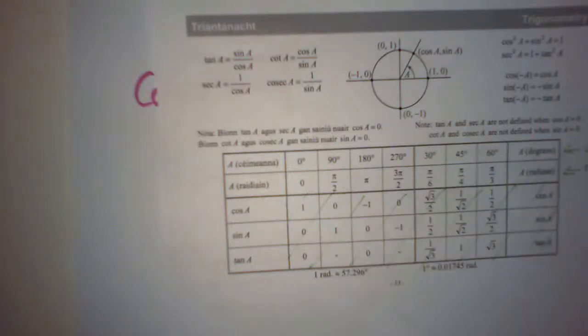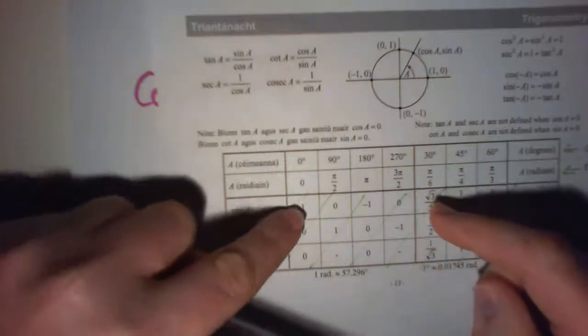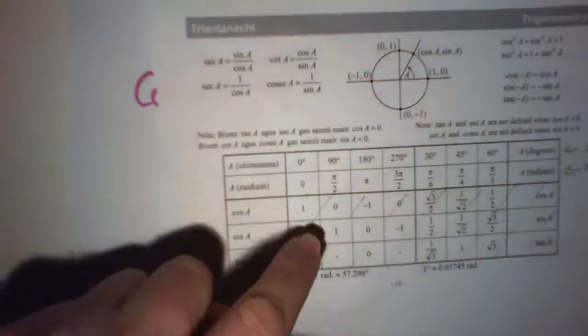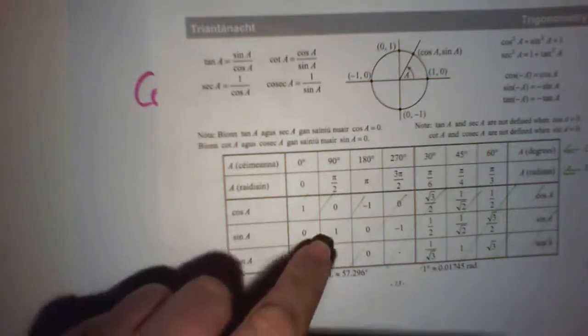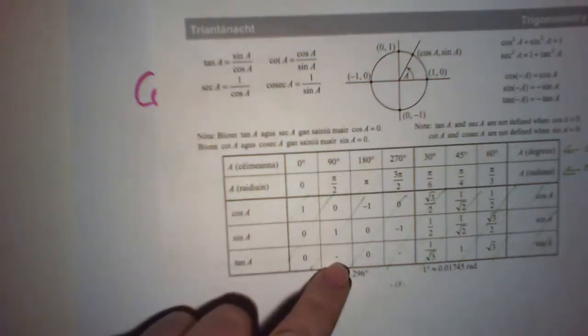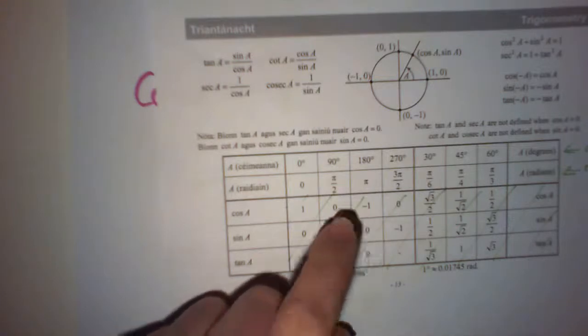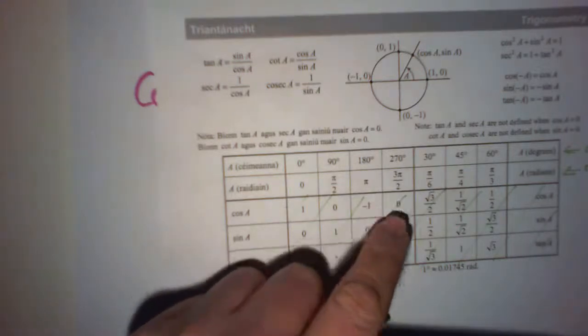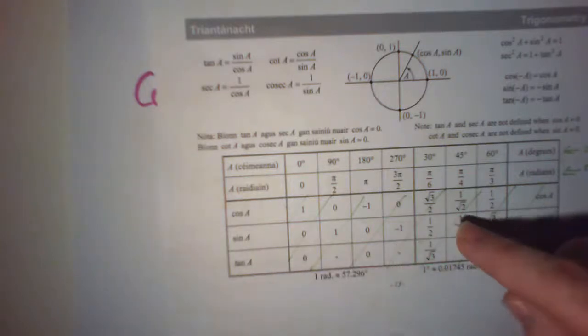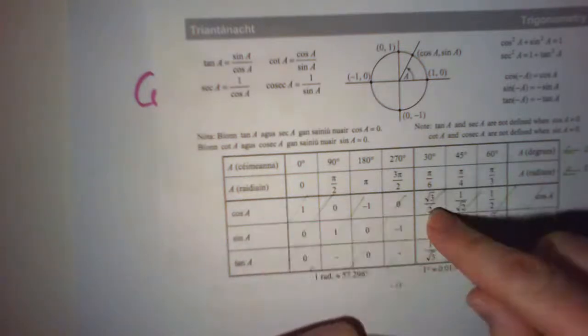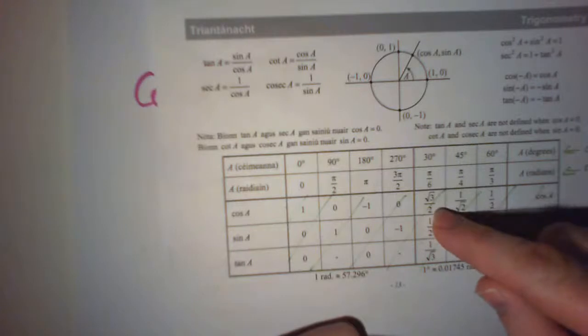But there's the sine, cos, and tan of each of those degrees or radians. Okay, so as you can see, the cos of 0 is 1. The sine of 0 degrees is 0, and the tan is 0. Then you get 0, 1, nothing. Then you get minus 1, 0, and 0. 0, minus 1, nothing. And then you get the fun ones. The cos of 30 degrees is root 3 over 2.